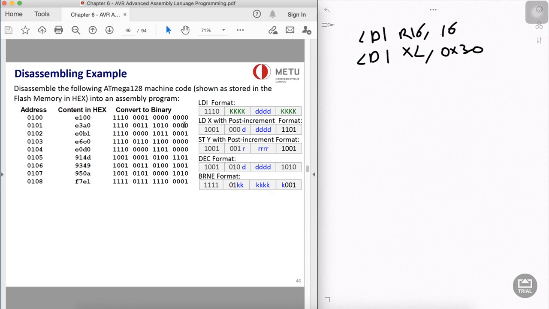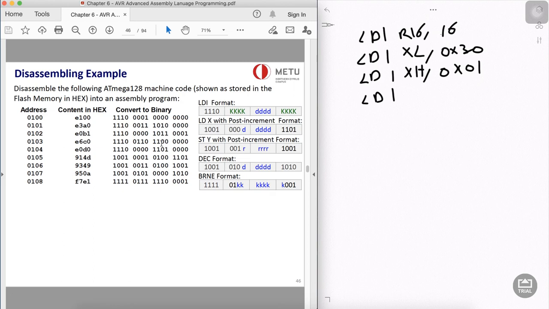Now then, there's another LDI, but this time it's one further. So 16 plus 11 is going to be 27, which represents XH. And it's going to be 0, 1. So 0x01. That's the third one. The fourth one is another LDI. Now it's 6 and 0, and this one is 12.